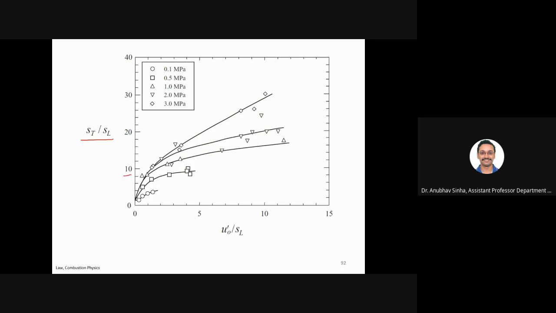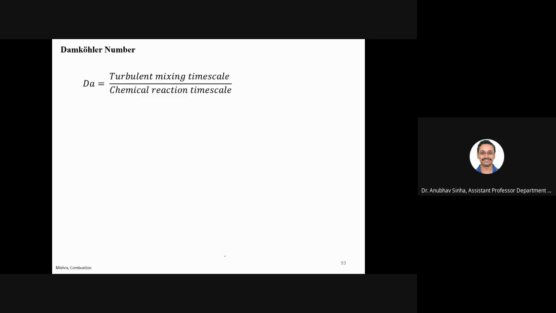It can be like 10 times or 20 times for some examples, depending on the level of turbulence. This is your fluctuating component of velocity divided by laminar flame speed. So it increases significantly.